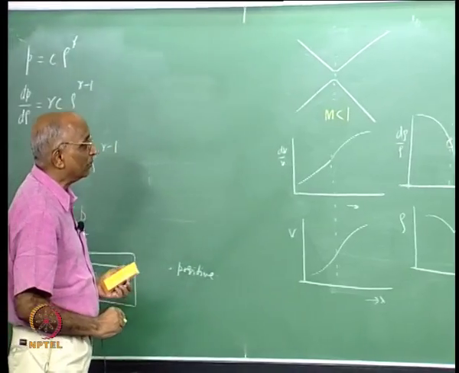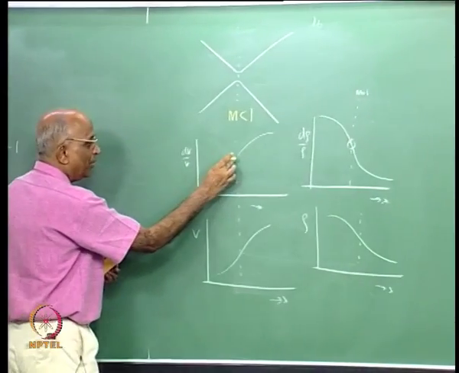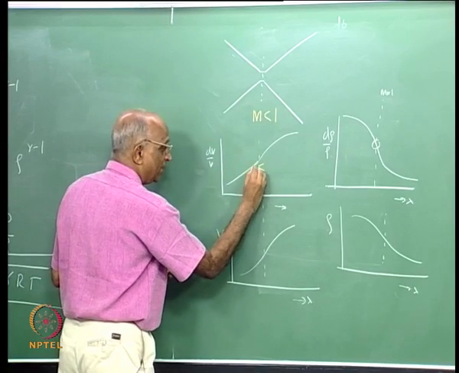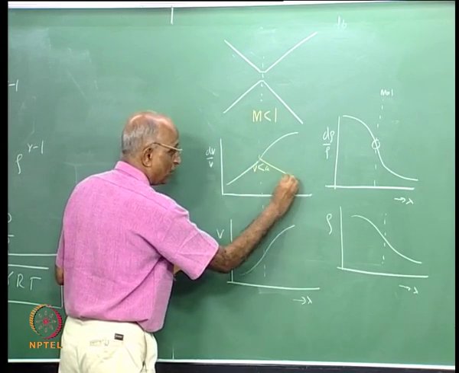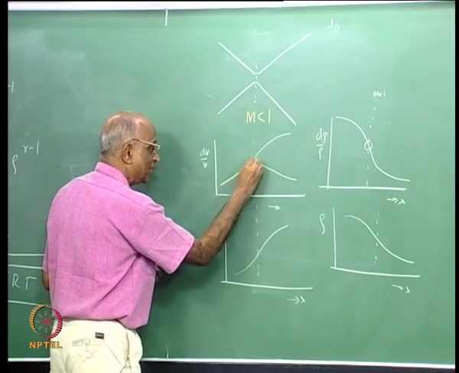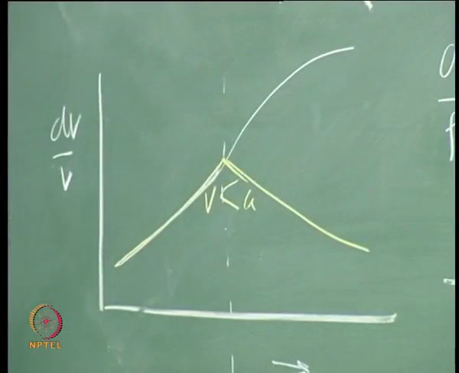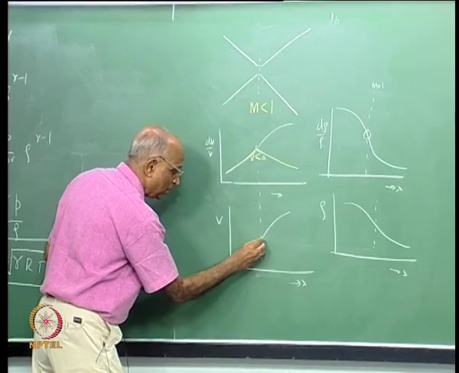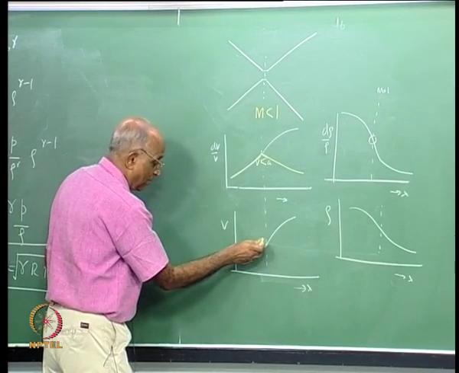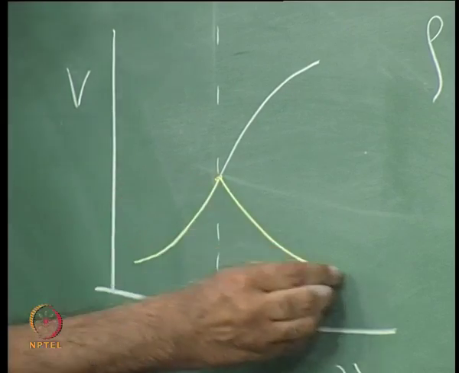What is going to happen? dV by V is going to increase over here, it is still less than the sound speed, that is V is less than a, and therefore it falls down here. That means my curve is like this and comes down over here. Velocity increases up to the throat, but it is still less than the sound speed, and therefore it comes over here.